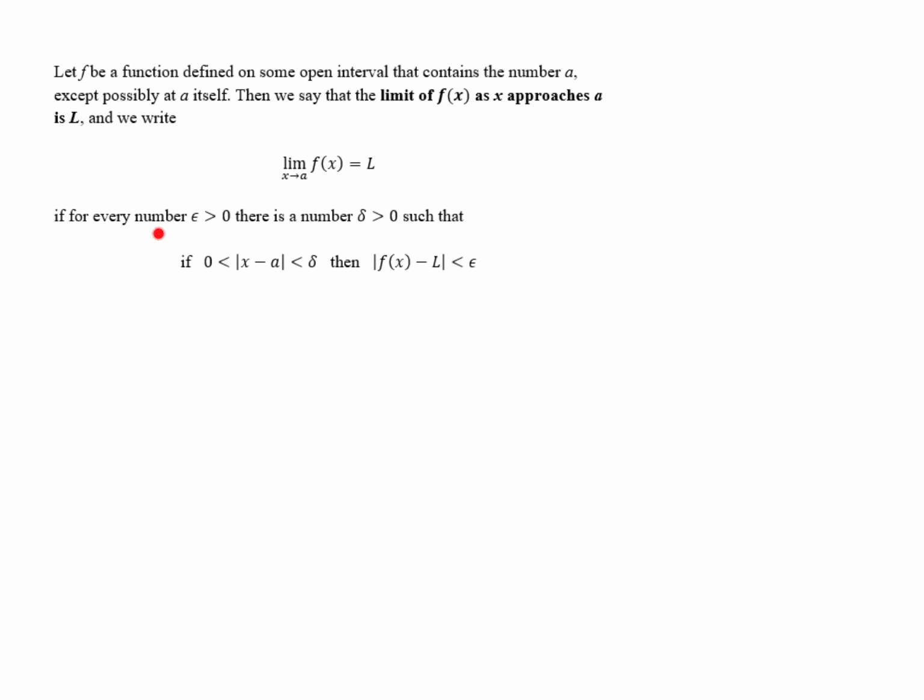For every number epsilon greater than 0, there is a number delta greater than 0 such that if the absolute value of x minus a is between 0 and delta, that means that the absolute value of f of x minus L is less than epsilon.